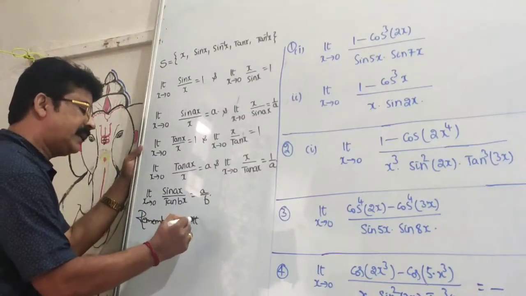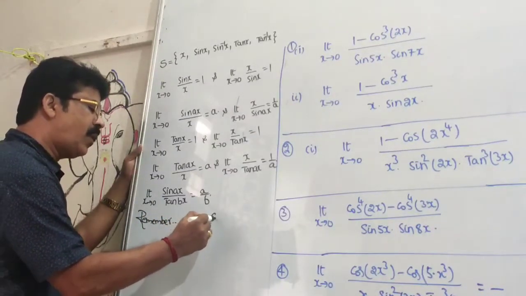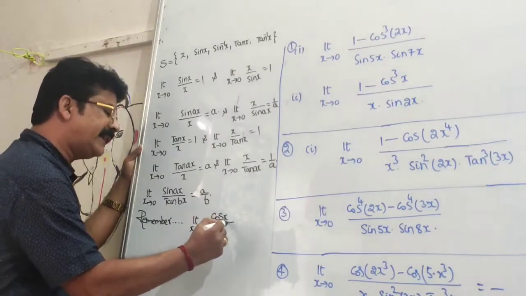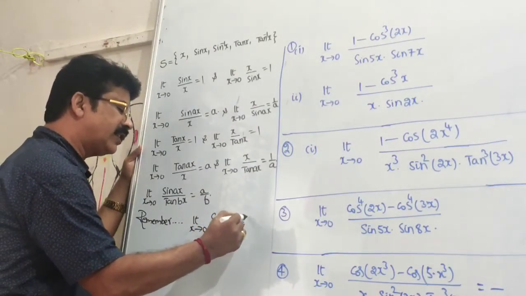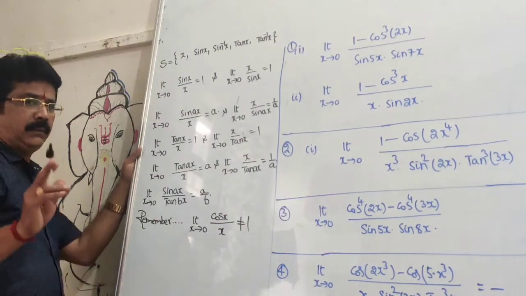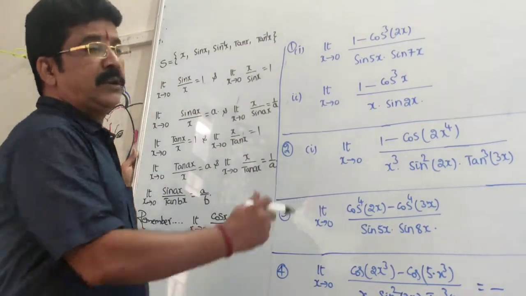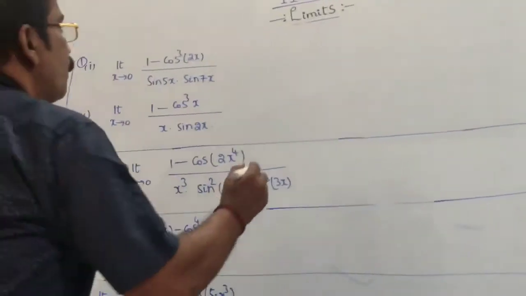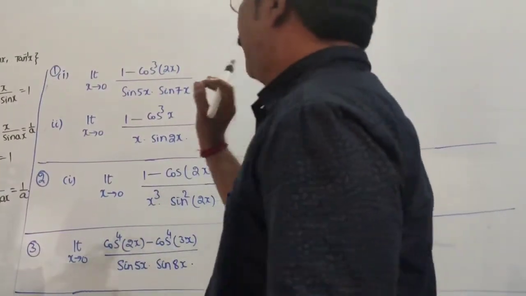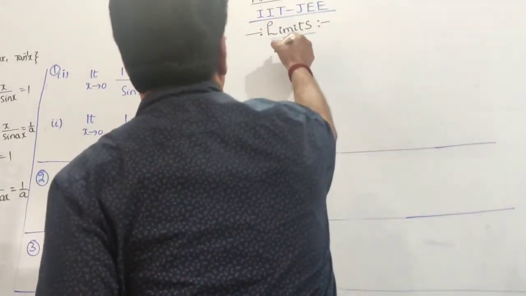that the limit as x tends to 0 of cos x divided by x is not equal to 1, like that. Okay, you come here. Here one standard structure is there. What is that structure?